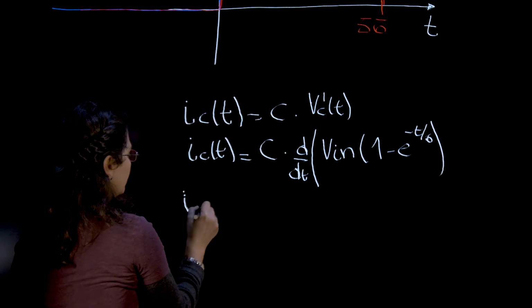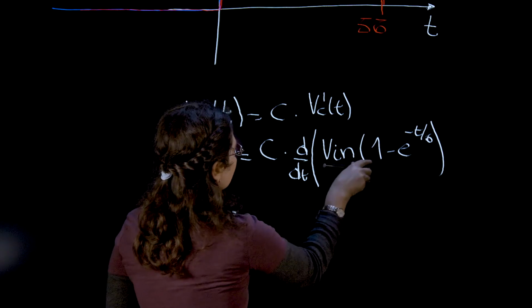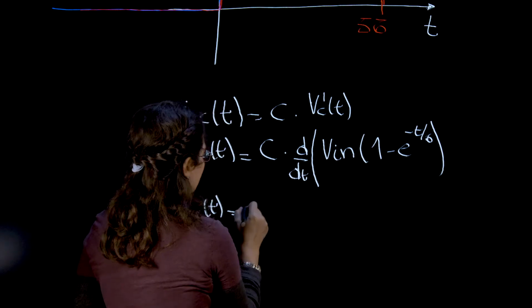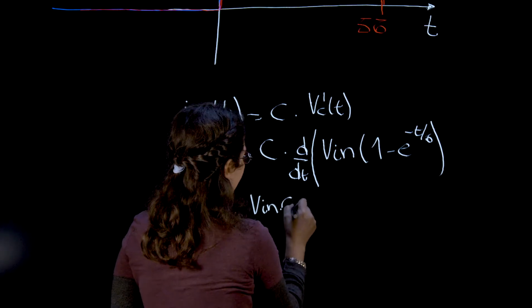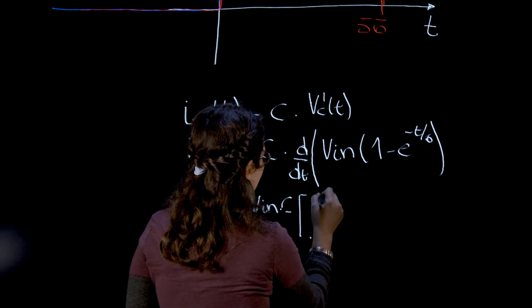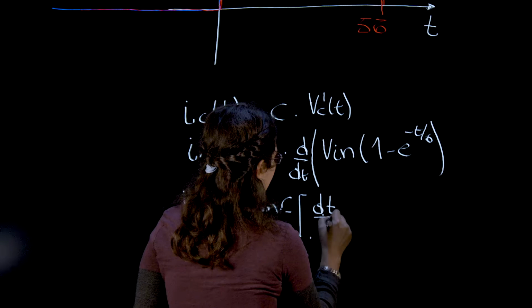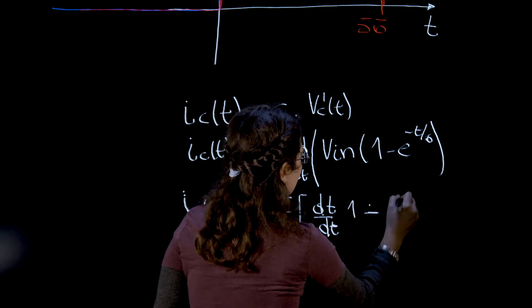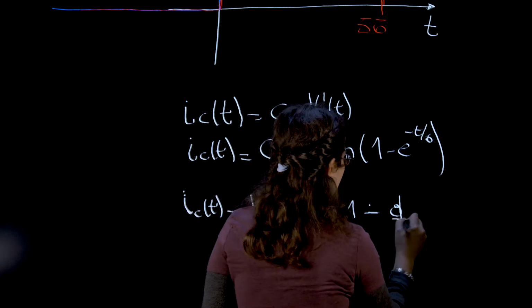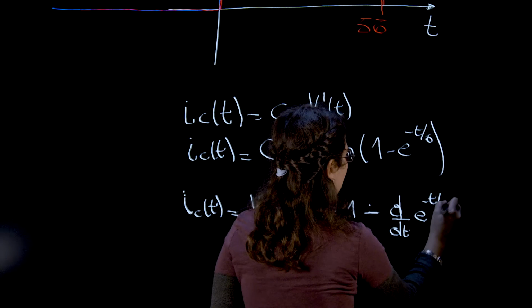And we can calculate the derivative. So V in will be out because it's a constant. And then we have here a sum of 1 minus the derivative with respect to time of e to the minus t over tau.